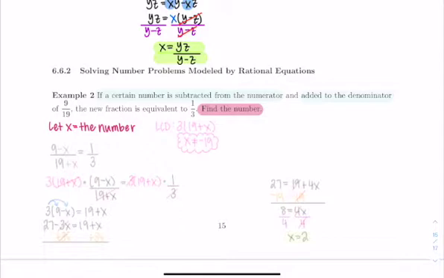So it says if a certain number is subtracted from the numerator of 9 over 19, so we have 9 because that's in my numerator, minus the x, because that is the number. We don't know what it is.